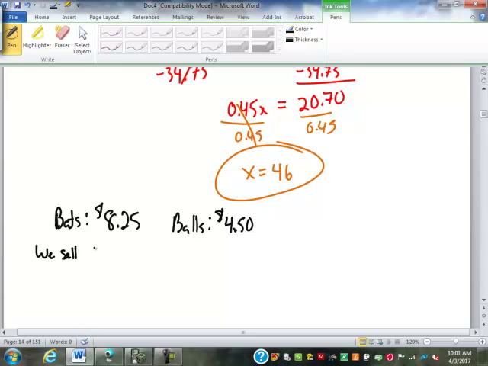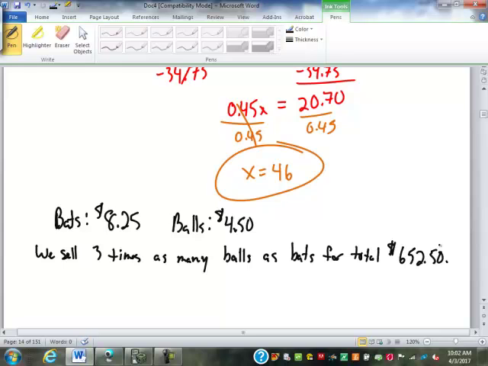We sell 3 times as many balls as bats for a total of $652.50. I want to know how many of each sold.